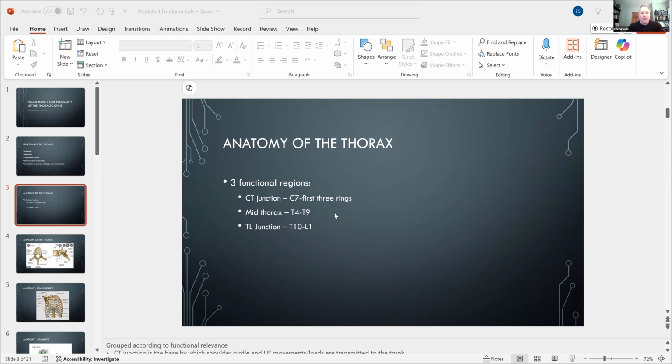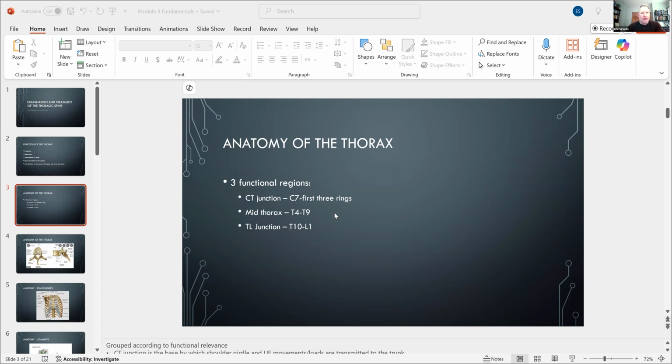The TL junction, T10 goes down all the way through L1 as far as functionally how these segments will operate. That specifically is important to note because it will affect our evaluation process of the TL junction.